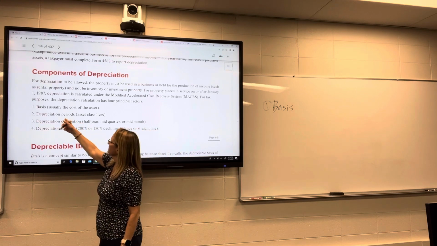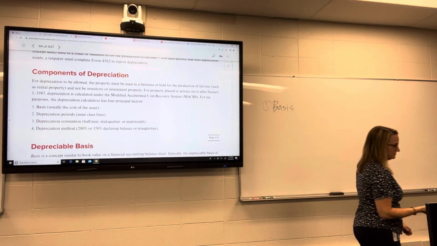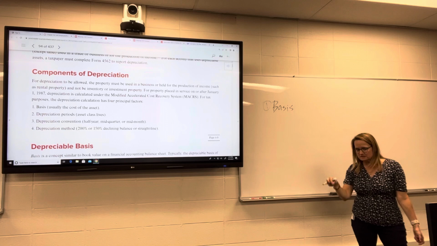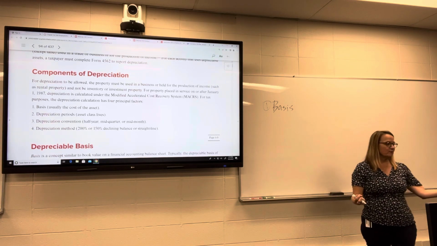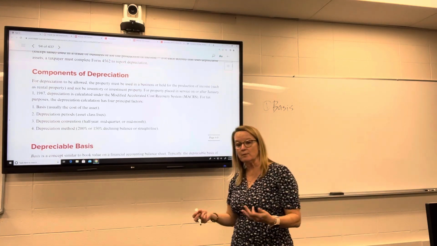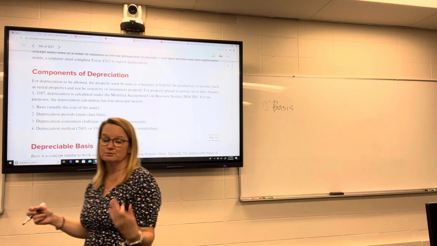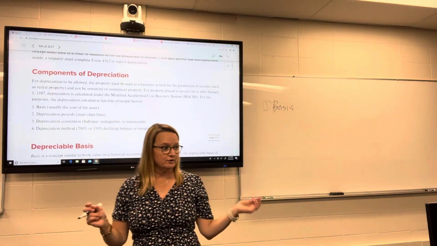The second one is our depreciation period, otherwise known as asset class lives. So in financial accounting, we get to decide what the life of our asset is, right? We buy a widget maker and we say, okay, this is going to last us 12 years. So we're going to use straight line depreciation. We've got a $5,000 salvage value that we're estimating.